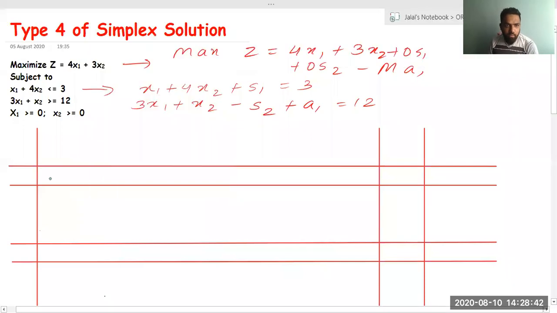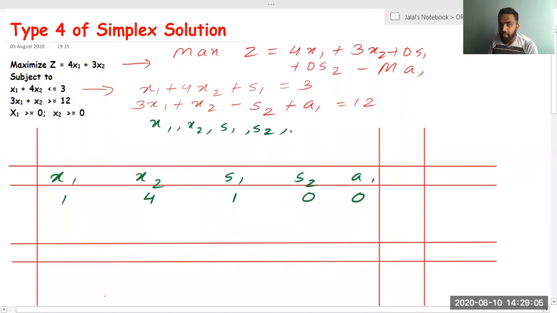Okay, so what I'm doing is x1, x2, s1, s2, a1. Now I know all the values. It will be 1, 4, 1, 0, 0. There are only two equations, so I'll put the values; x1, x2, s1, s2, a1 are all real numbers greater than or equal to 0.